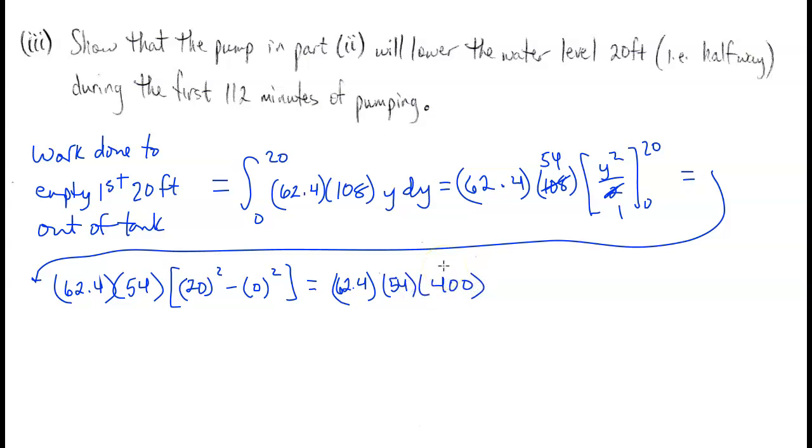All right, and so I'm going to go ahead and calculate this. 62.4 times 54 times 400 ends up being 1,347,840. And of course that will be foot-pounds.